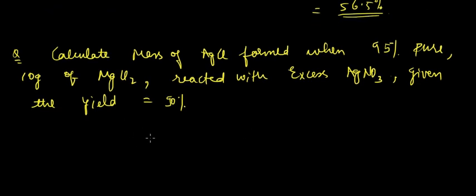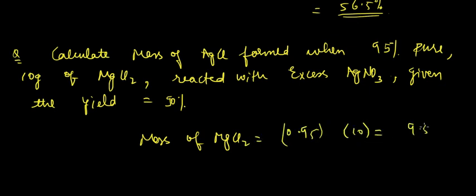Okay, so according to the question, the mass of MgCl2 would be 95% pure of 10 grams, which would be 9.5 grams.